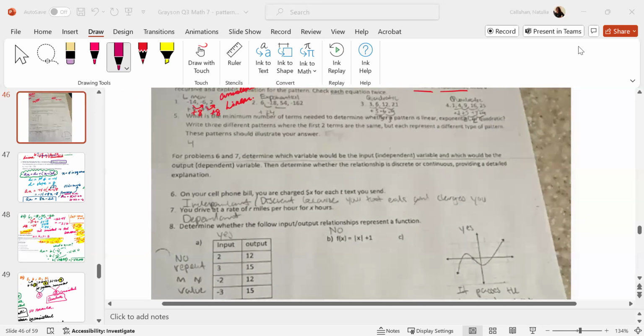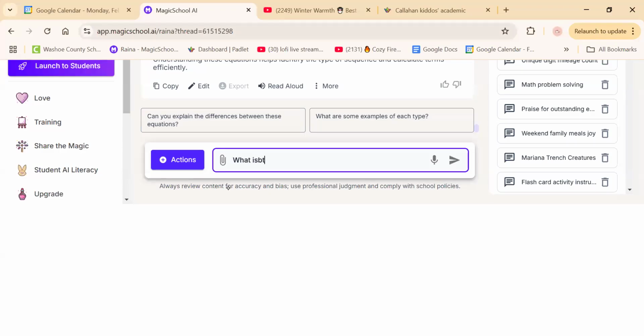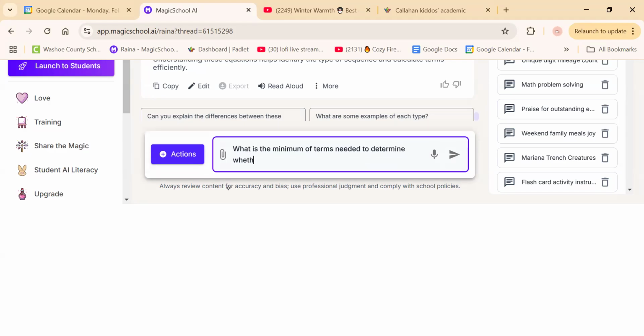Read the first part for me. What is the minimum of terms? I think it's 4. Okay. It's to determine whether a pattern is linear, exponential, or quadratic.